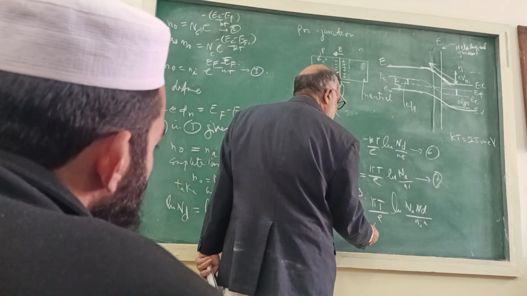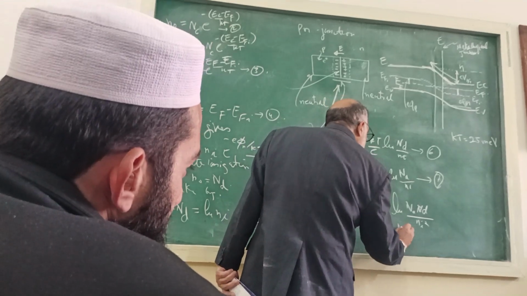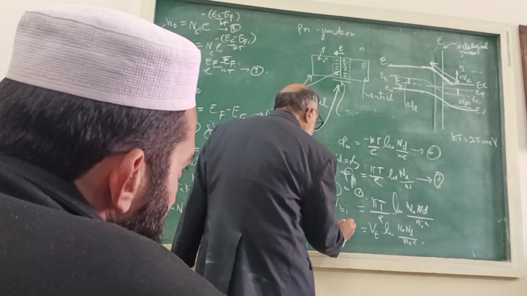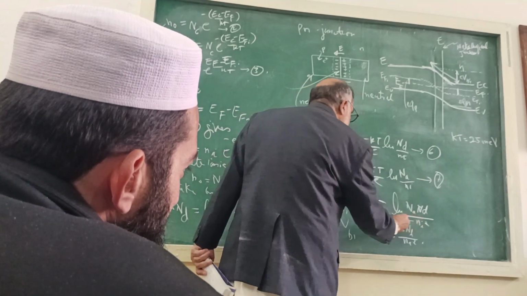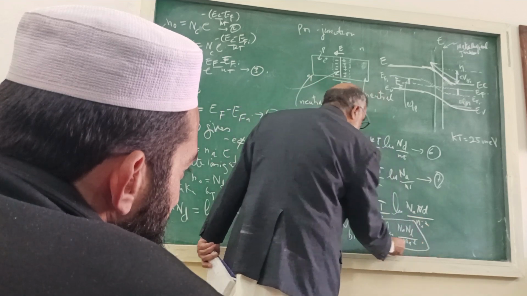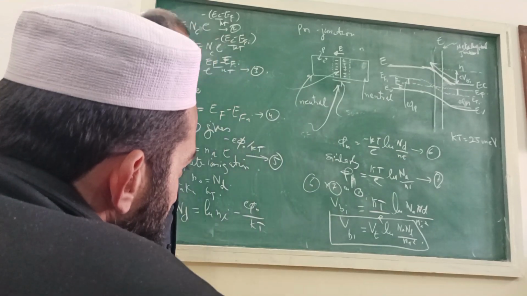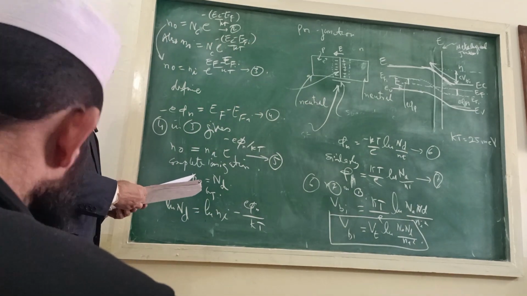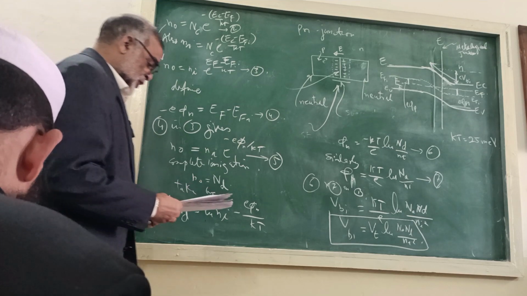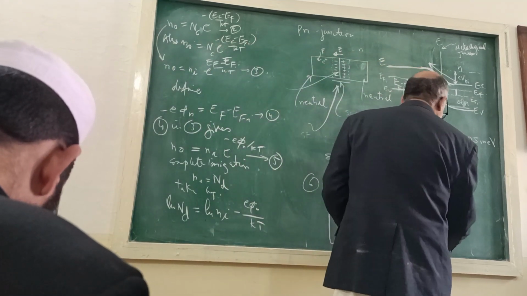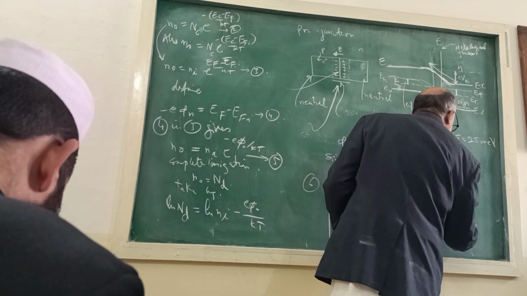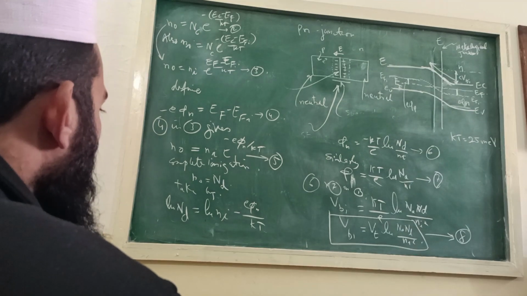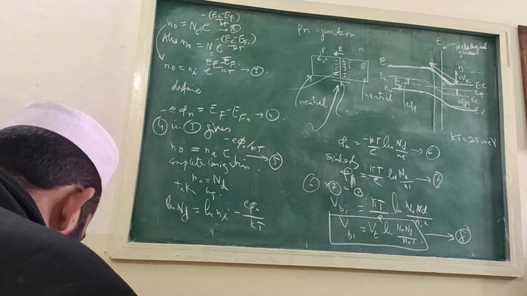So if we call it Vt, then the built-in potential is equal to Vt log of NA ND over ni squared, in terms of the two dopants. That is how we determine the built-in potential of a certain PN junction made of a certain material with certain doping.